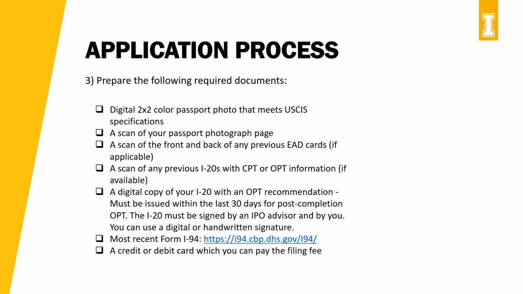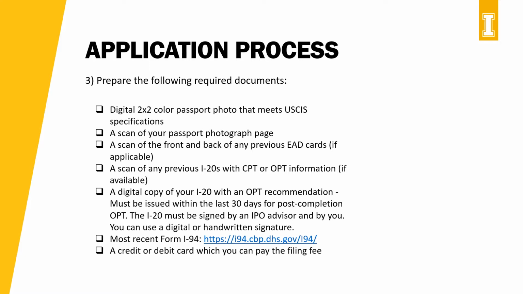To apply for your online OPT application, you will need to prepare the following required documents. You will need a digital passport-sized photo in color that meets USCIS's specifications. You will also need a scan of your passport page, a scan of the front and back of any previous EAD cards if applicable.